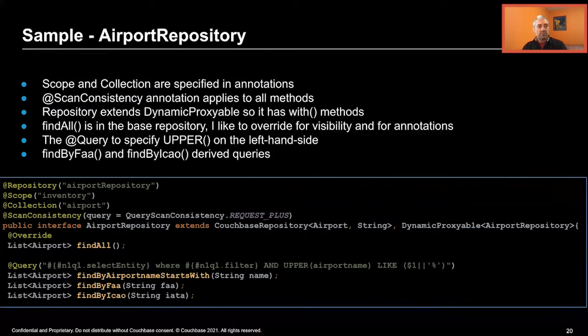And then there's this @query, which is a handcrafted query, and it gets airports with a matching airport name. You just define it like that. It gets used exactly like you specified it, with these N1QL placeholders filled in with the appropriate ones.